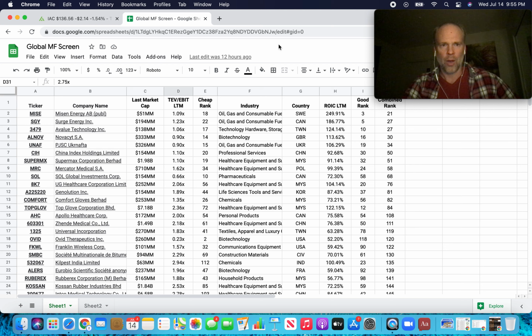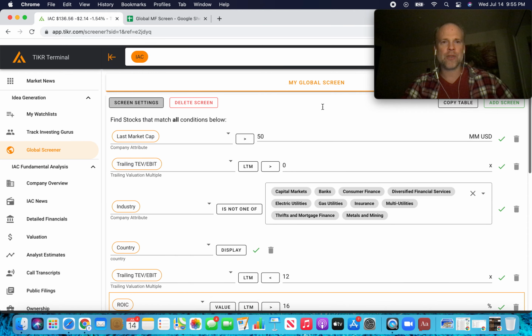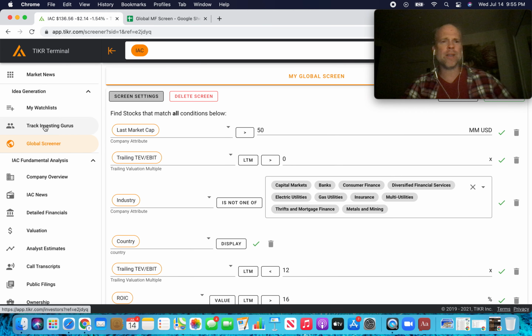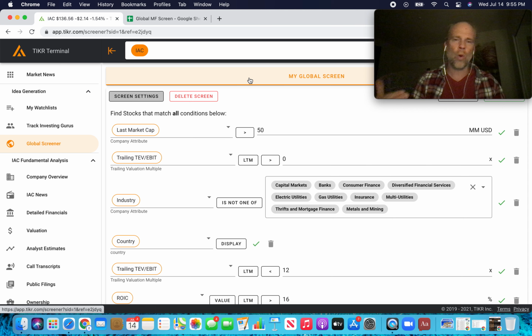One thing that would be really awesome if TIKR Terminal would incorporate is, they have this awesome thing called Track Investing Gurus, where you can look up super investors and see what they hold in their portfolios based not just on 13F filings, but on all kinds of things, where you can also see their international holdings, right?